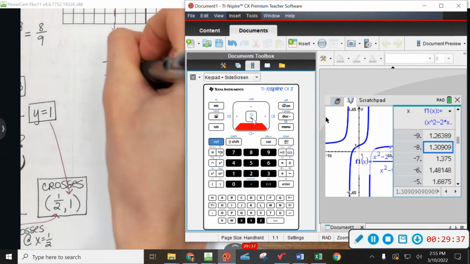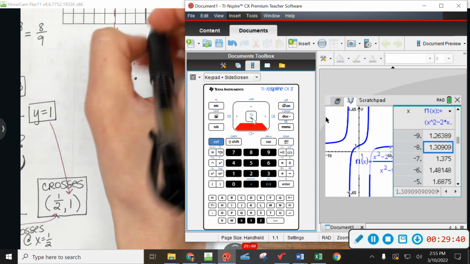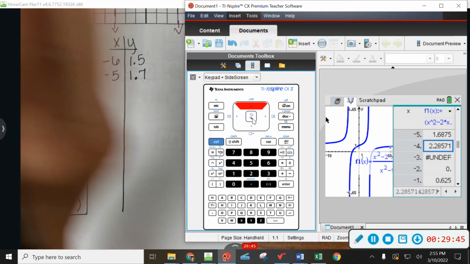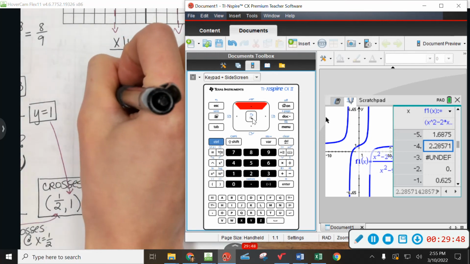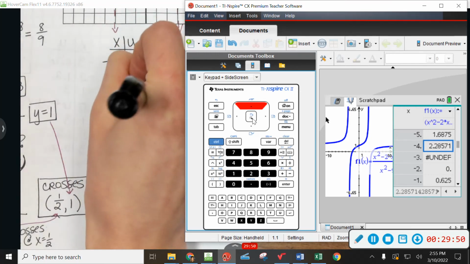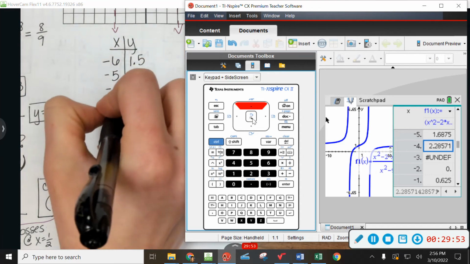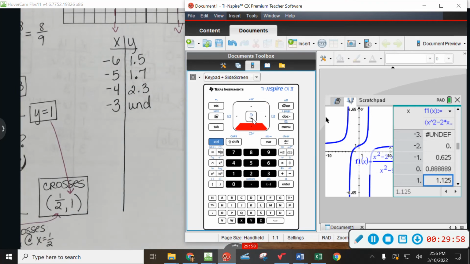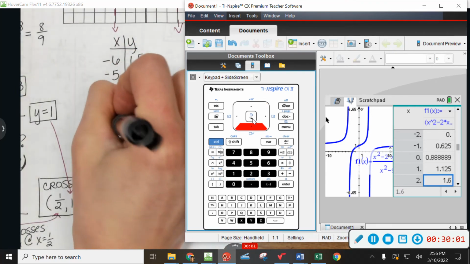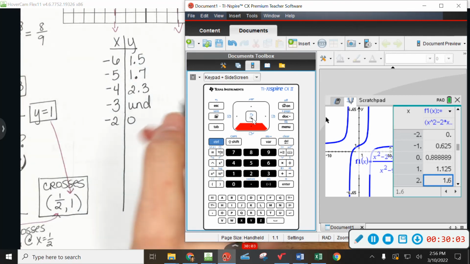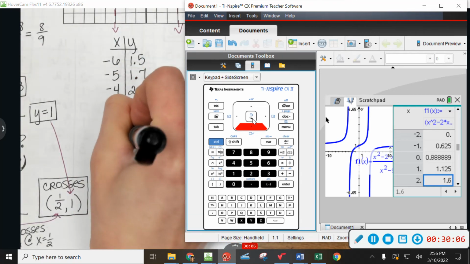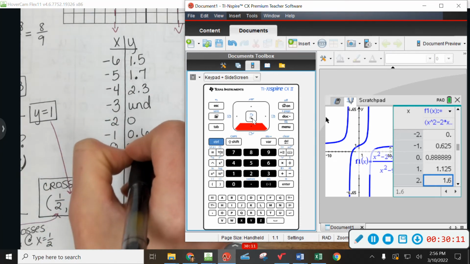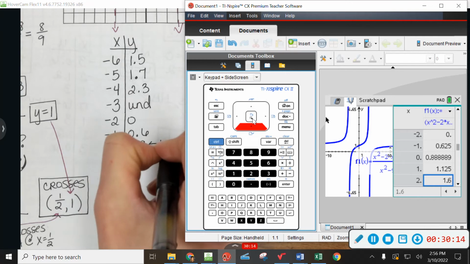Negative 5 will give me 1.7. Negative 4 will give me 2.3. Negative 3 is going to be undefined because that's an asymptote. Negative 2, 0. Negative 1, 0.6. 0, 0.9, which that's my y-intercept.